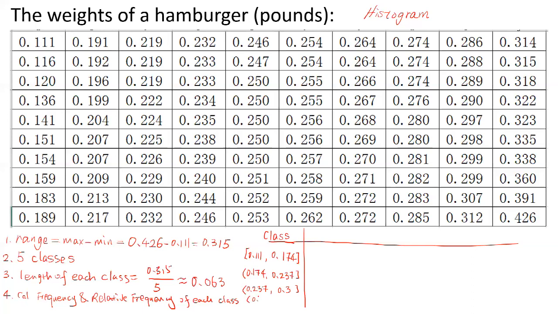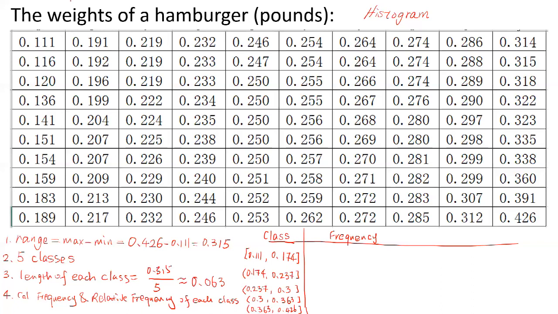Fourth class, 0.3 to 0.363. Last class, 0.363 to 0.426.